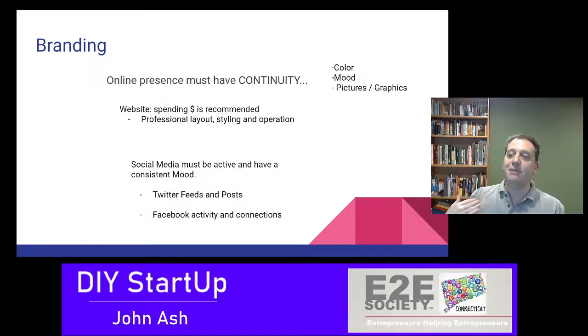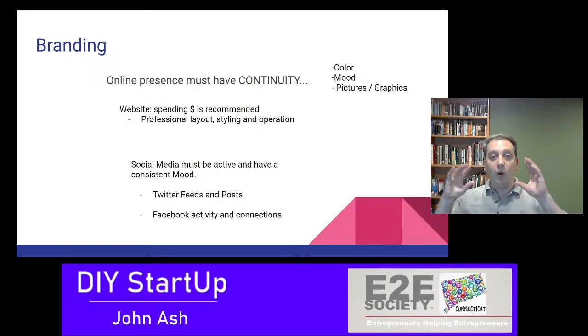This is mostly my opinion, and I think it's actually good practice. Your online presence and all of your presence, even your letterhead, if you're going to send out letterhead with a logo on the top, has to jibe with all of the other stuff. The color, the mood, the pictures and the graphics, all of the stuff that you're trying to portray has to have one feeling, I think. Got to keep that in mind.